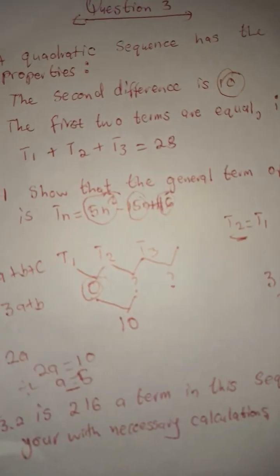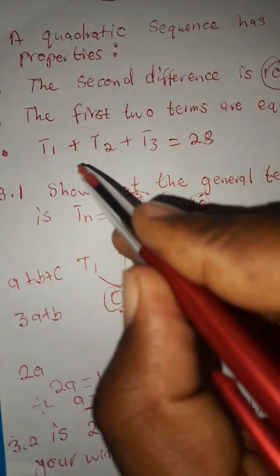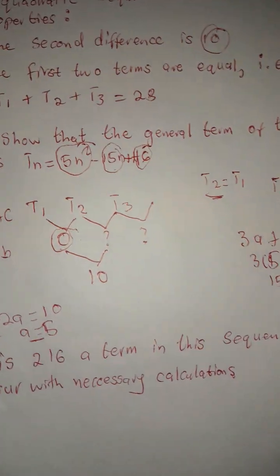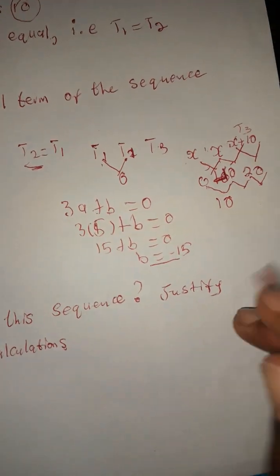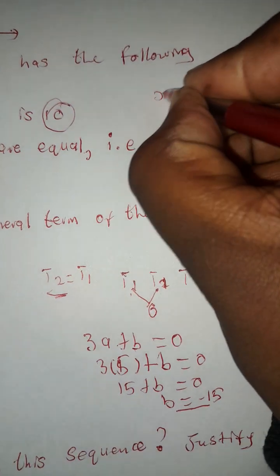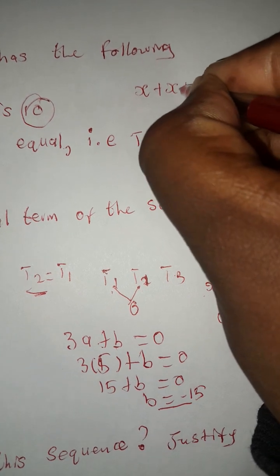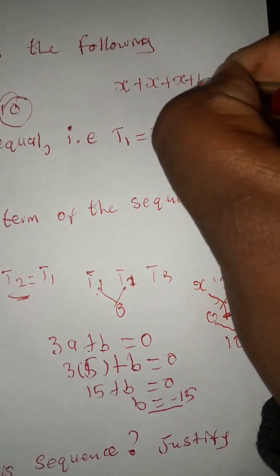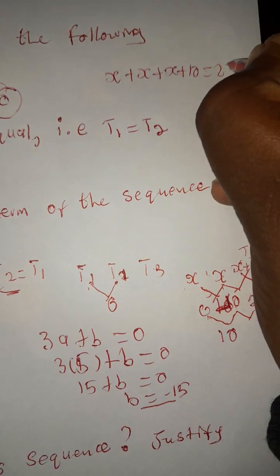Now we need to satisfy the third property, which is T2 plus T1 plus T3. We will have x plus x plus x plus 10, which is equated to 28.